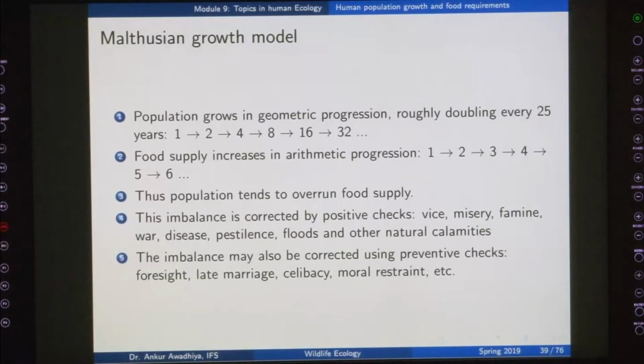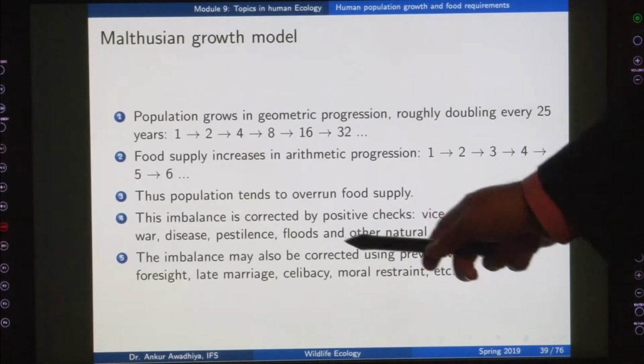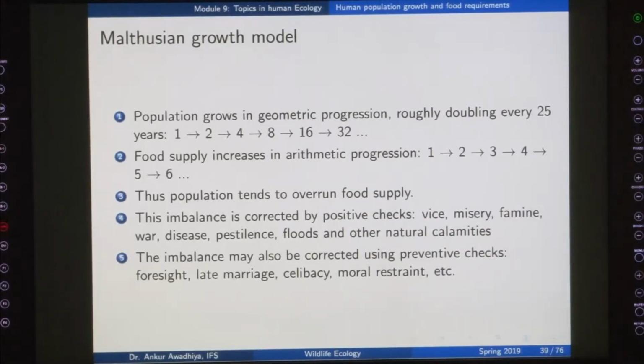And Malthus said that this imbalance is corrected by positive checks. So, these deaths of people he referred to as positive checks, and he said that these positive checks are vice, misery, famine, war, disease, pestilence, floods and other natural calamities. He said that in his theory we are not talking about intra-specific competition and some people who are able to drive off others, but that nature's way of solving this issue is to bring about some positive checks.